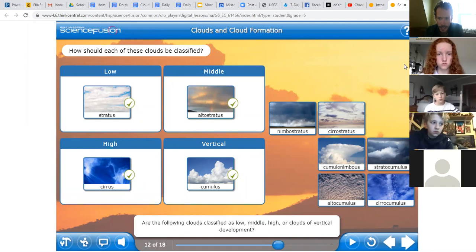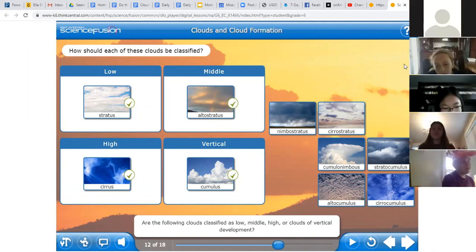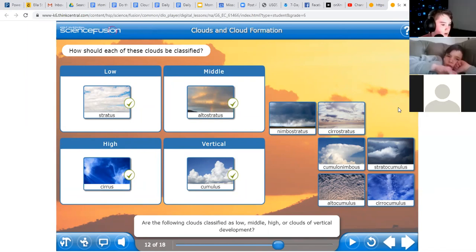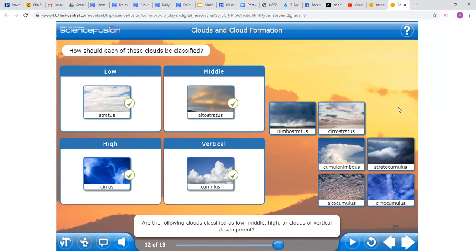There's actually another meaning that we want to associate with the word nimbo or nimbus. That idea of heaping or vertical or puffy, we're going to save that for cumulo, like accumulating.